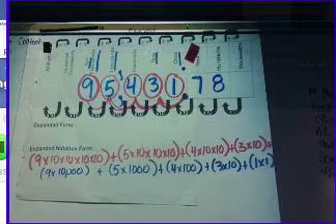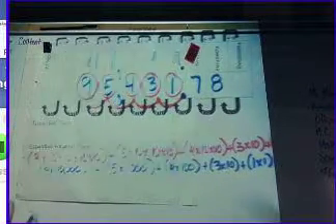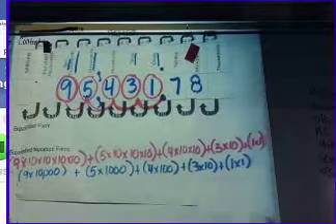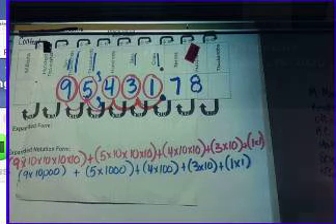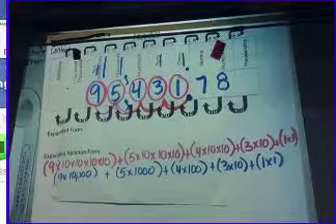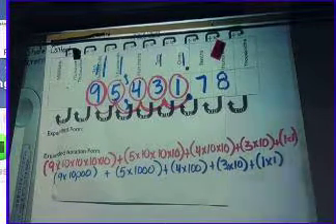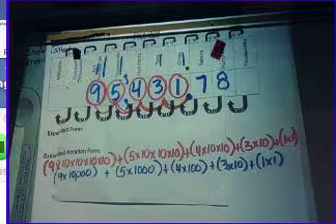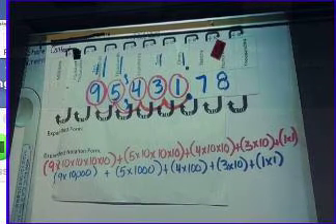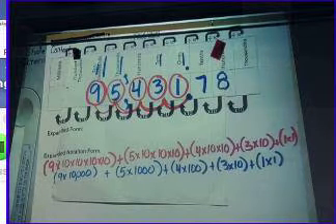Now what we're going to do is work on the right side of the decimal. We do the same thing except on the right side of the decimal, we divide. So when we go left, we multiply. When we go right, we divide.